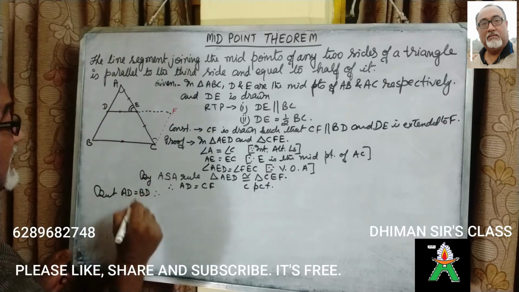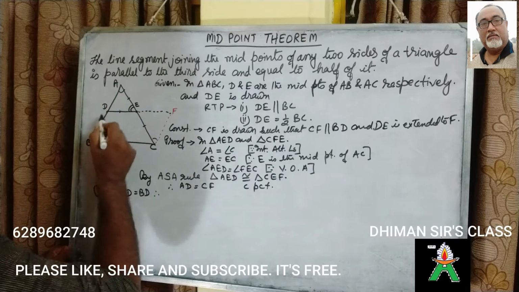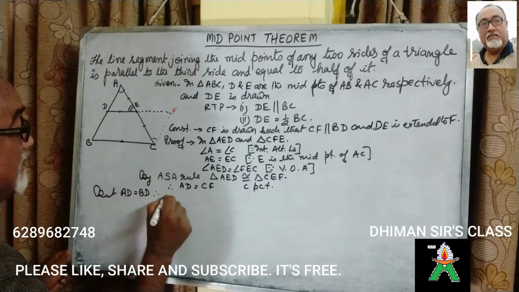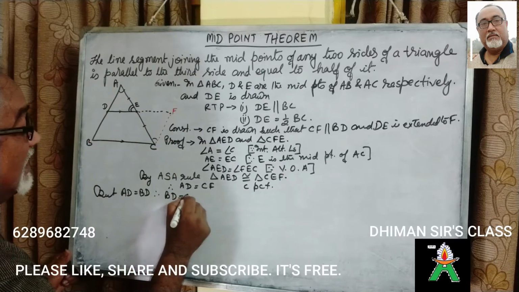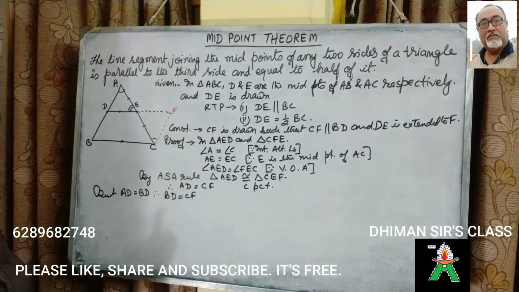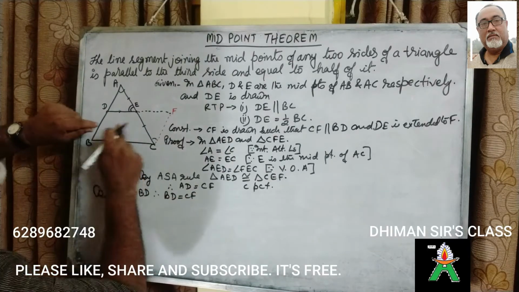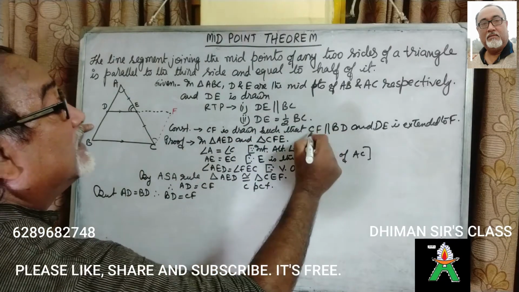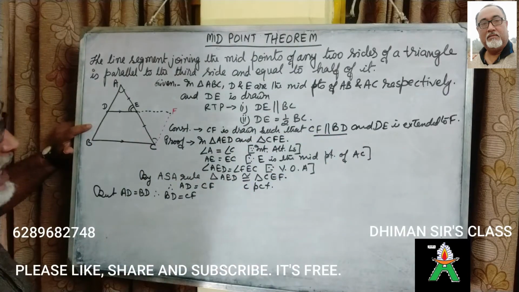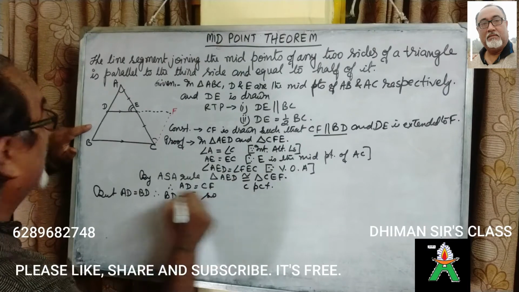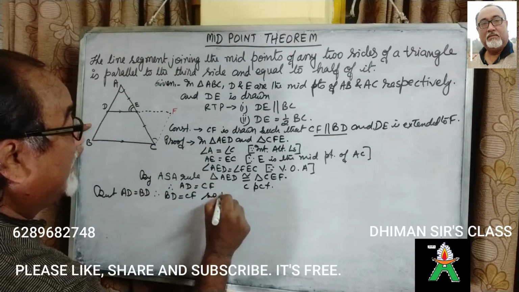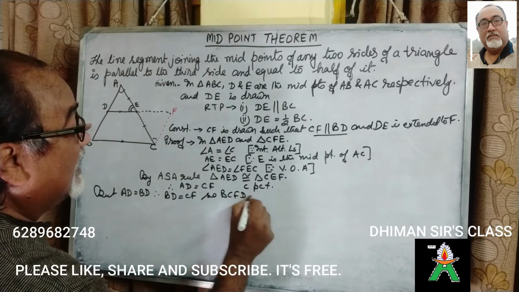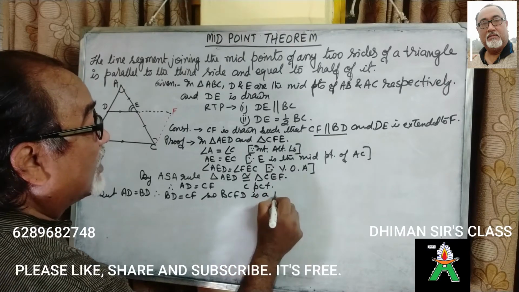So therefore, what happens? If AD is equal to BD, definitely BD is equal to CF. Now we know BD is equal to CF, we have proved, and BD is parallel to CF. See here, BD is parallel to CF. Therefore, BCFD is a parallelogram.